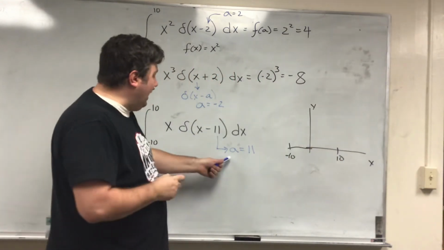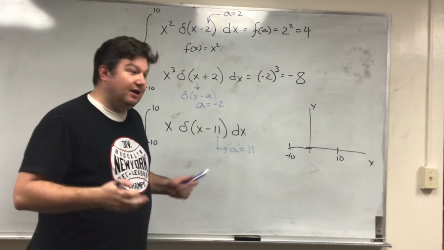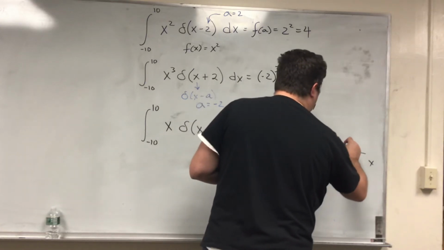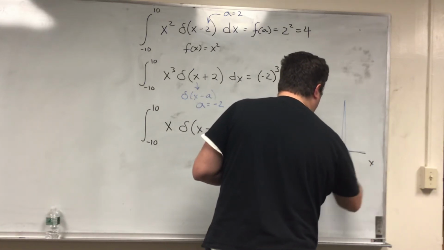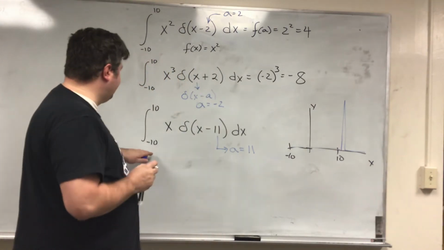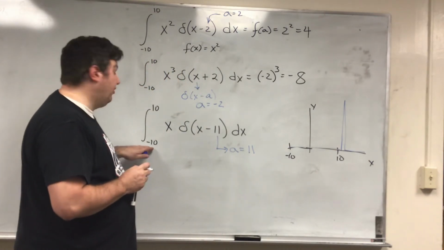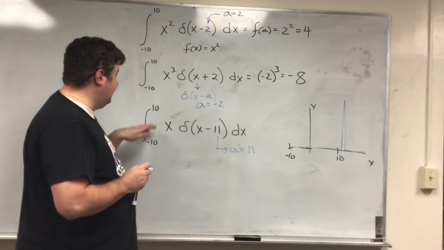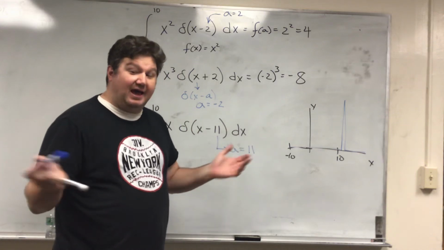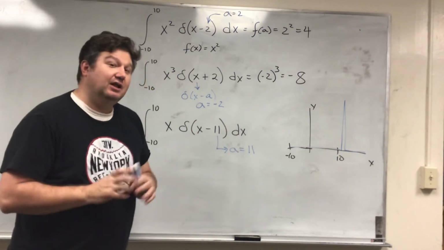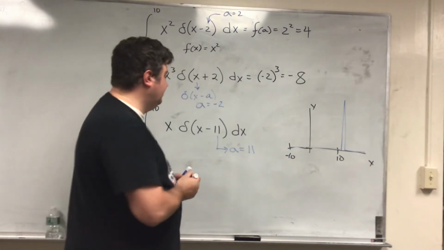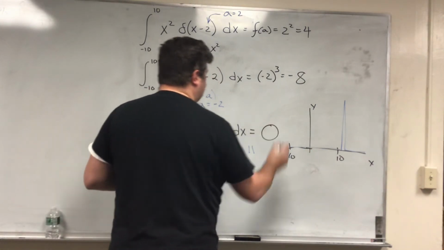The spike happens at the value of a, which here is 11. It's 0 everywhere else, so it's 0 on the range from minus 10 to 10. It never sees the spike because the spike happens at a equals 11. So this integral, since it's happening over a range where there's no spike, is simply 0.